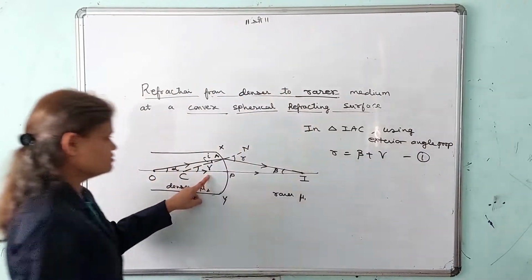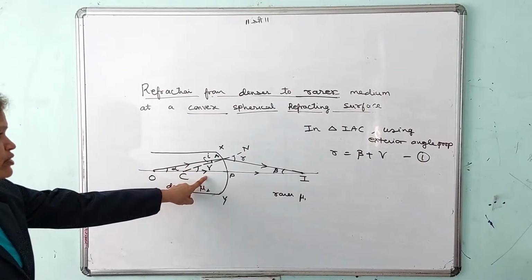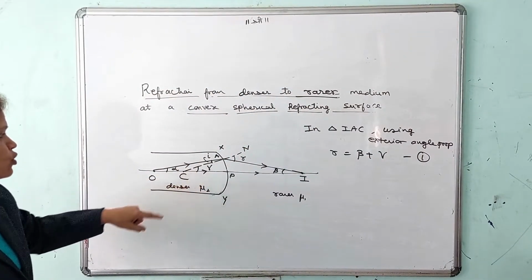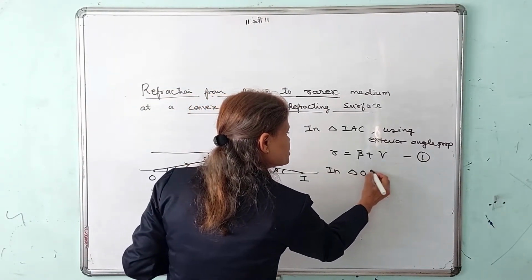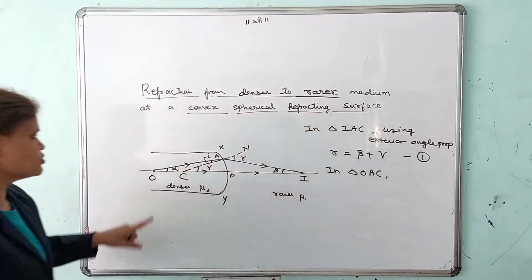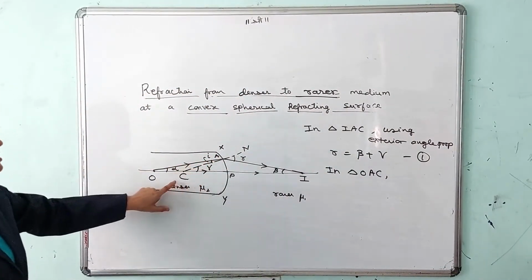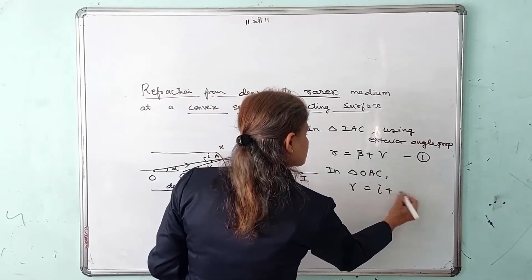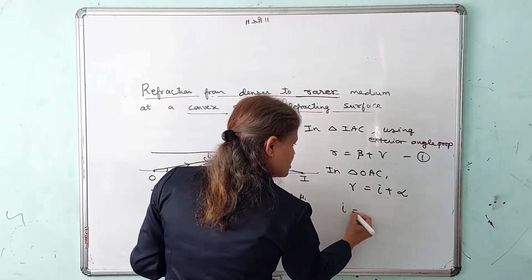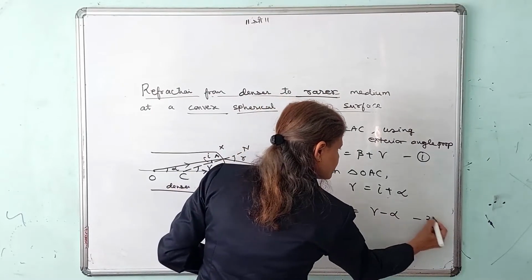Equation 1. Now we are going to consider another triangle OAC. Similarly, using the exterior angle property, see the triangle OAC, we can write gamma is equal to i plus alpha. Therefore, i is equal to gamma minus alpha, equation 2.